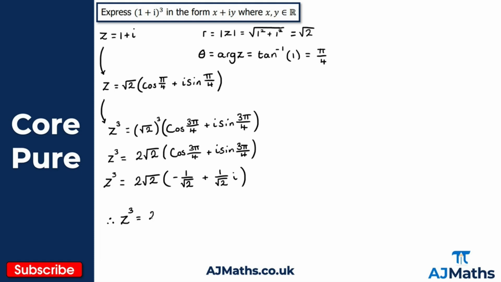I get minus 2 root 2, sorry, over the square root of 2, plus 2 root 2 over the square root of 2 i. In this case, this root 2 will cancel with this root 2, so we get minus 2. And this root 2 will cancel with this root 2, so I get plus 2i.